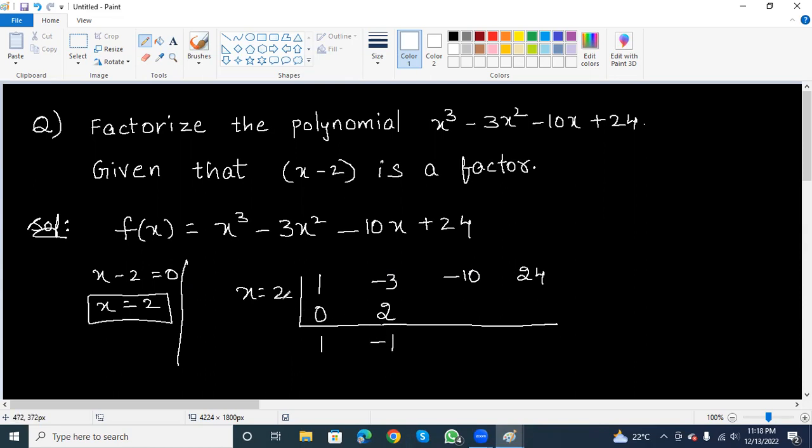Minus 1 times 2, so, 2 1s are 2, minus 2. Minus 10 minus 2, if you add, you will get minus 12. Next, plus into minus, minus 12 2s are 24. So, plus 24 minus 24 gives 0. So, this is our remainder.